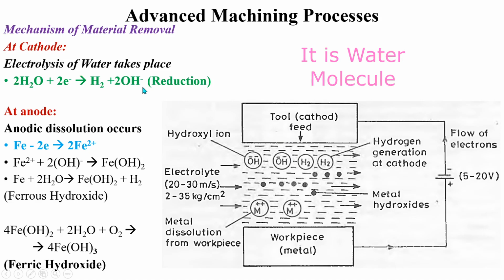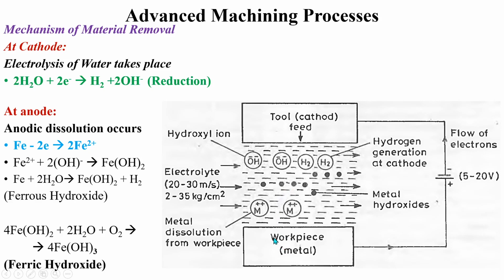Here the free electrons at the cathode react with the water molecules to form hydrogen gas and hydroxyl ions. And at the anode, the metallic atoms, for example, since metals are made up of atoms, at the surface of this material will start to dissociate. That is, they release their electrons to dissociate from the surface and enter into the electrolyte.